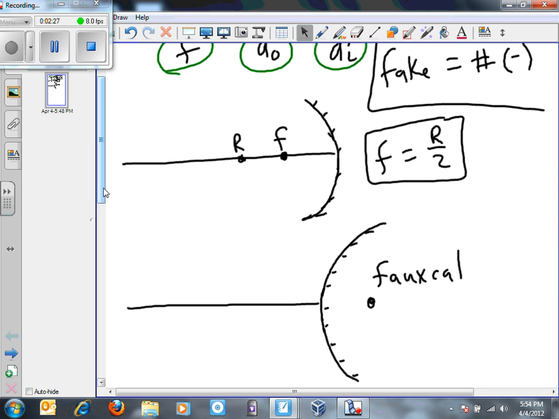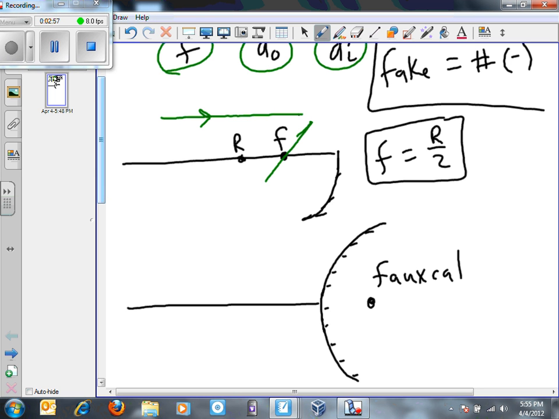So if we get far enough from a light source, we'll see that when we have rays coming in parallel to one another, due to the principal law of reflection, the incoming ray will reflect and go right through the focal. I didn't draw my tangent to that point very well.